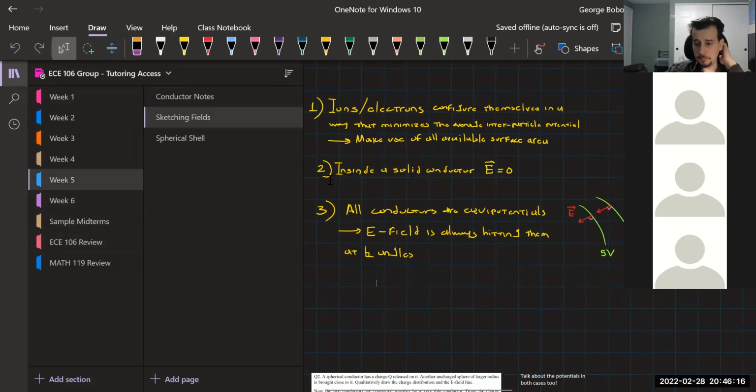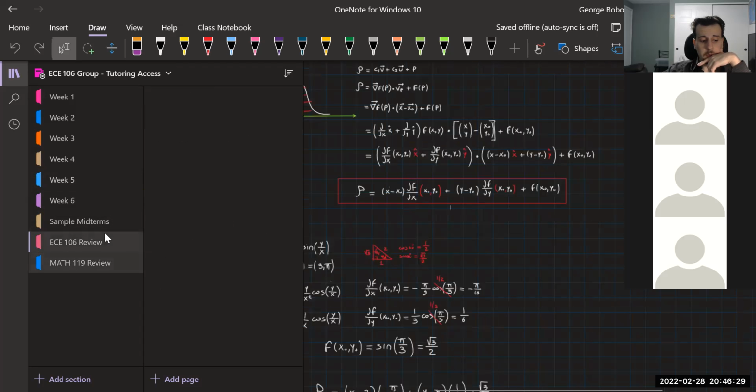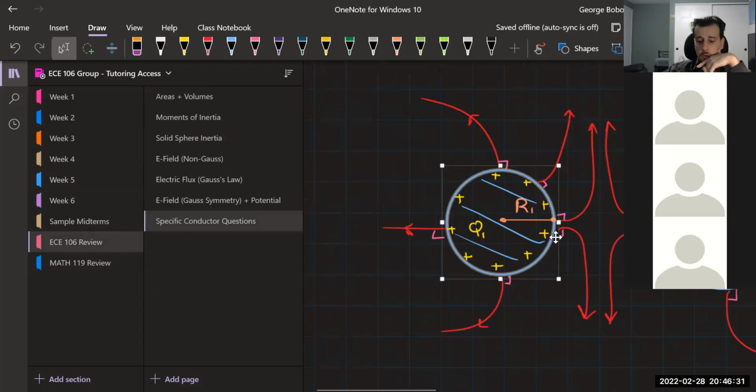It has all perpendicular E field lines. More so here. Kelly, what does it say? Equal potential. So when we go here, what do we understand the surface to be? It has the same potential all over it right now.